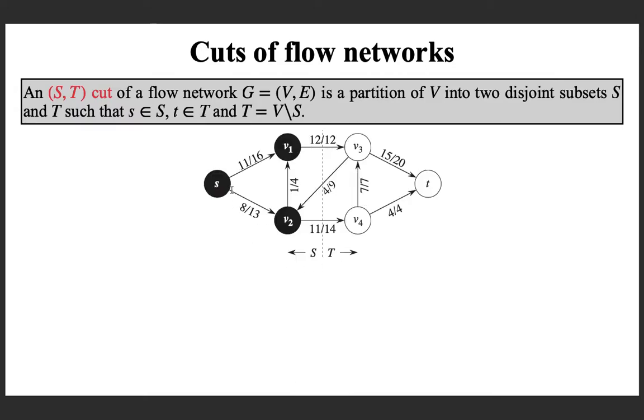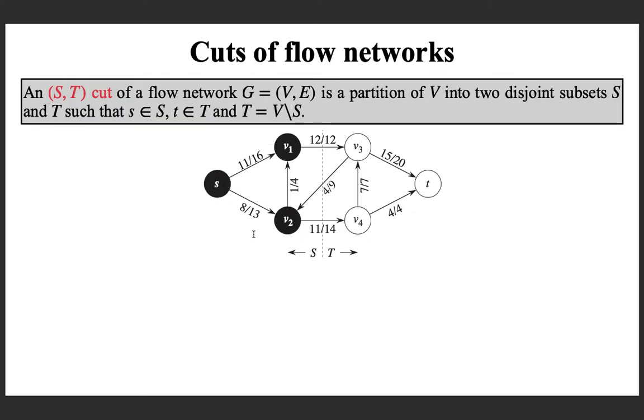Example, given this flow network, this is an ST cut where all these shaded nodes are in the set S and other vertices are in the set T. They are disjoint. This is an example cut. You may cut here as well.